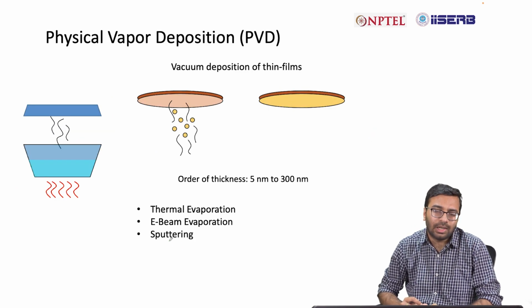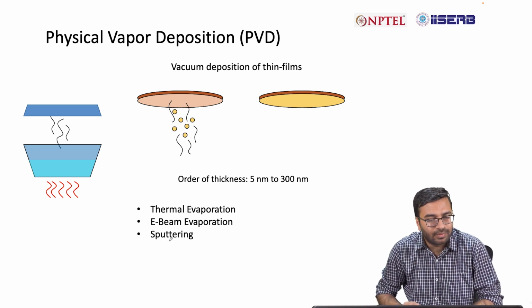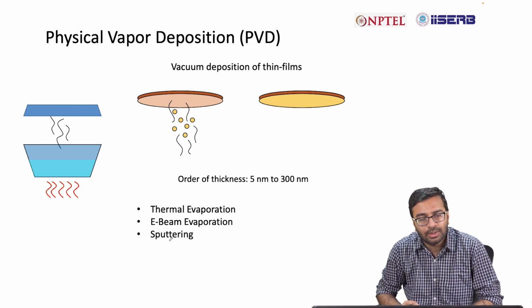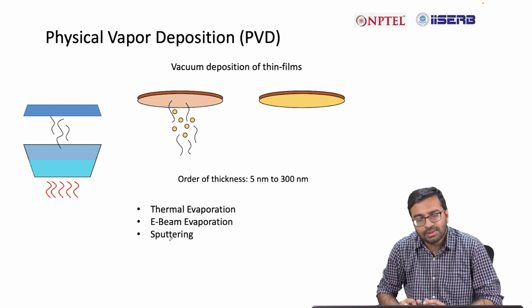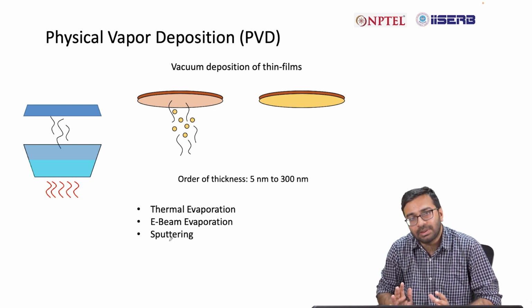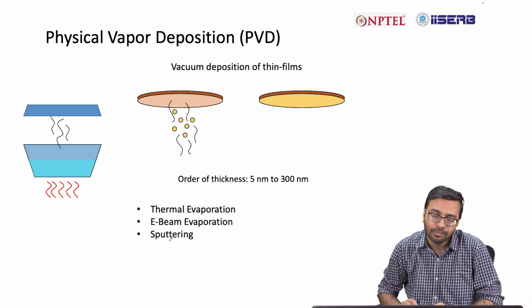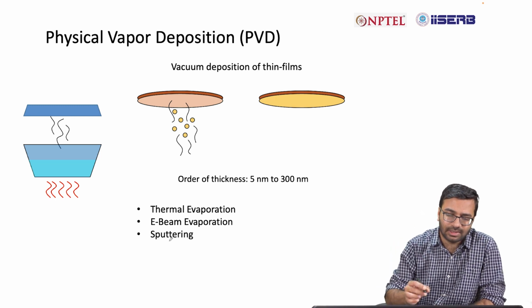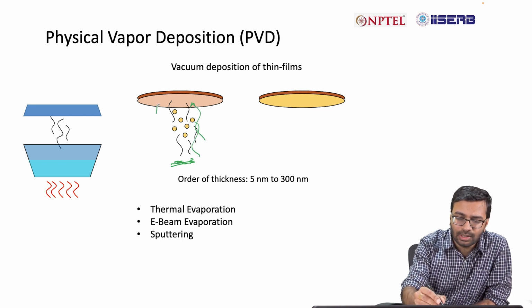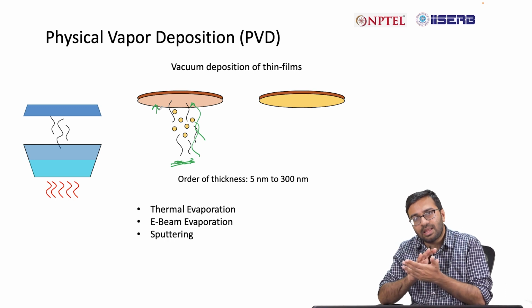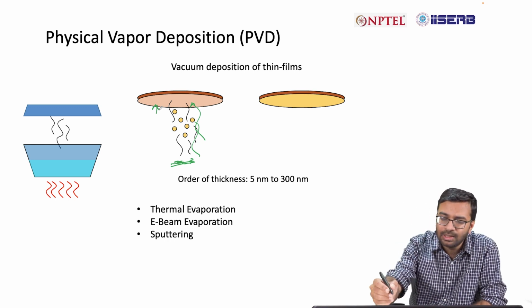To give you a basic idea of what physical vapor deposition means, there are various types as I have said, but if we discuss the basic principle behind physical vapor deposition, it is a technique where you have a certain material, and once you heat that material, it will create vapors, and these vapors will get deposited on a substrate, and that deposition will create a thin film over the substrate.